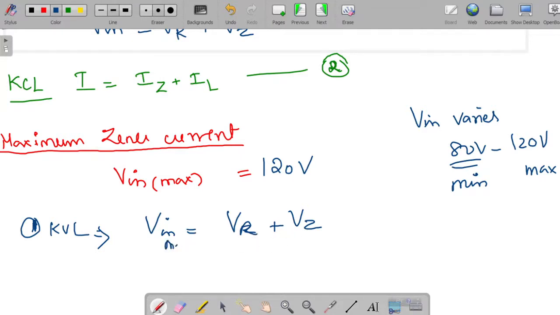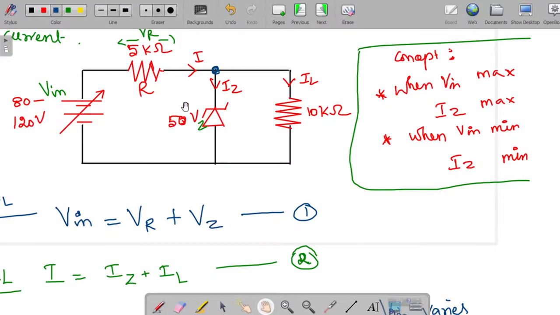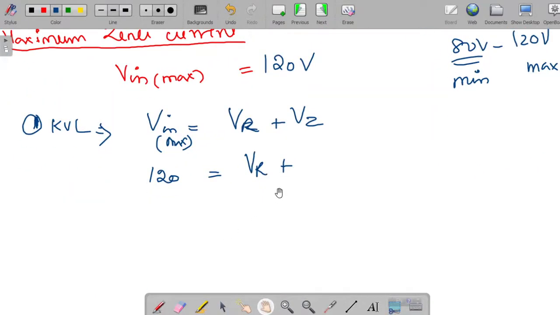Here Vin is now replaced by Vin maximum, so we can put 120 volt equal to VR plus VZ. We don't know VR still, but VZ is given in the problem as 50 volt. So we can substitute this as 50. Now from this we can calculate VR. VR is equal to 120 minus 50, so it is equal to 70 volt.